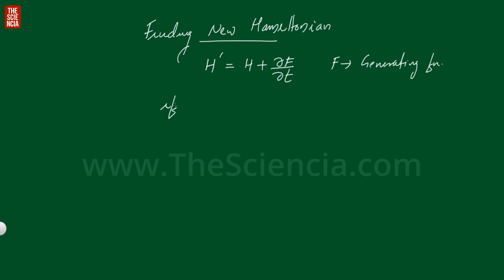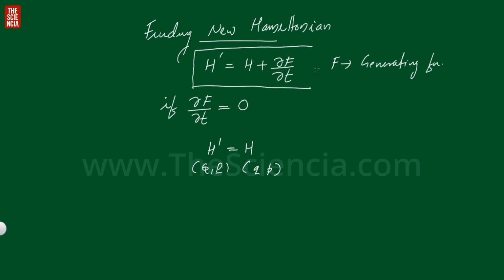And if there is no explicit time dependence in f, then dou f by dou t will be equal to 0. Therefore, we get H prime is equal to H, where H prime is in the new coordinate system, that is capital Q, P, and H is in the old coordinate system, that is q, p. So this is a very important equation. There are many questions in previous NET exams based on this equation.